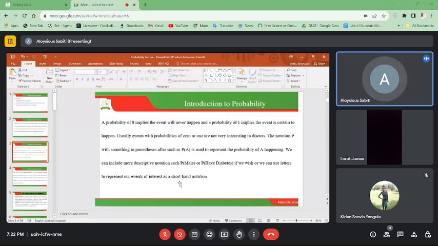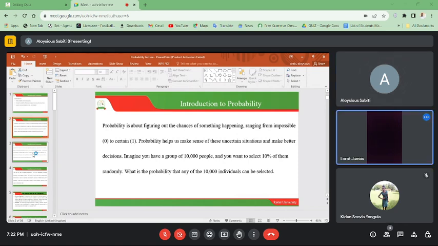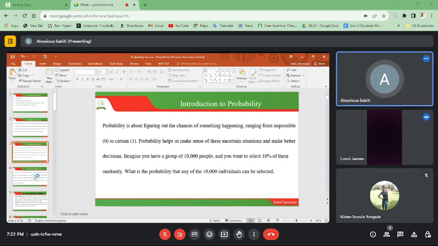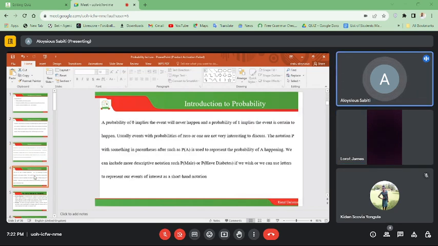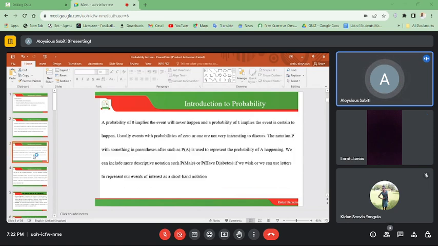And in the parentheses, like we said earlier in our definition of probability, we are trying to figure out the chance that something will happen. So the A in parentheses represents the probability of A occurring. There are different descriptive notations that we can use.